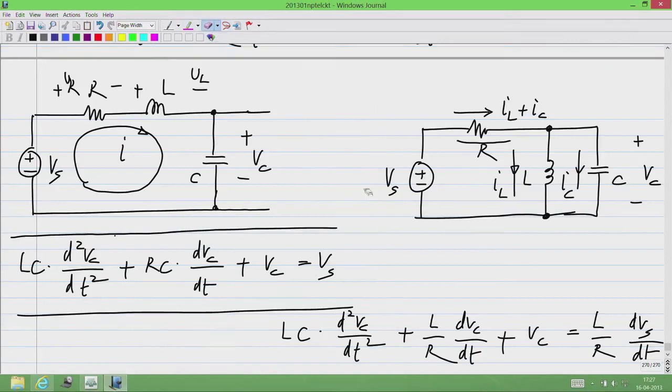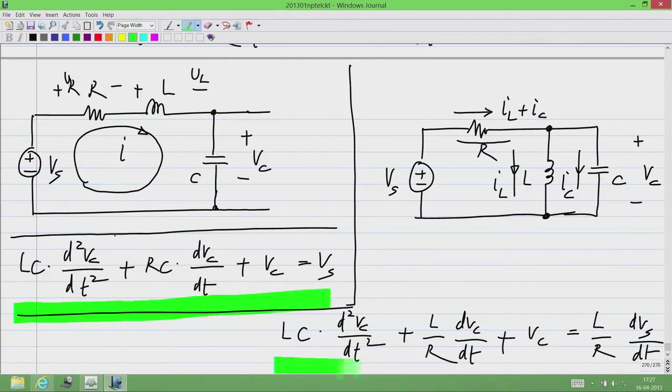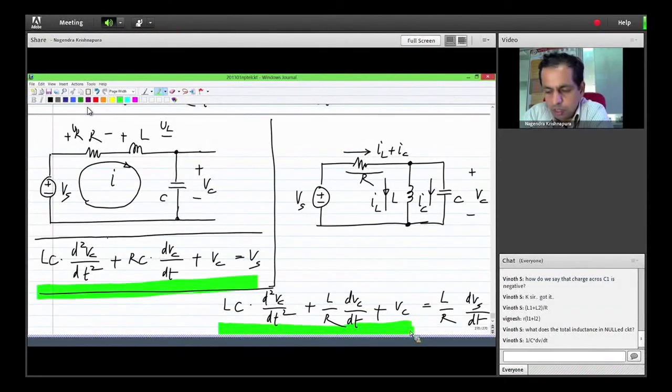Okay. The main point I wanted to make here is that the two are similar to each other. Okay. Mainly, especially the left hand side, it is of the same form. Okay. You get a second order differential equation. The coefficients are different. Okay. So, that means that the exact properties will be different, but both of them will give you a second order differential equation.